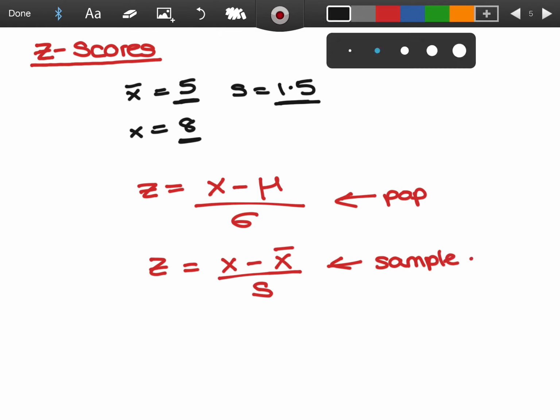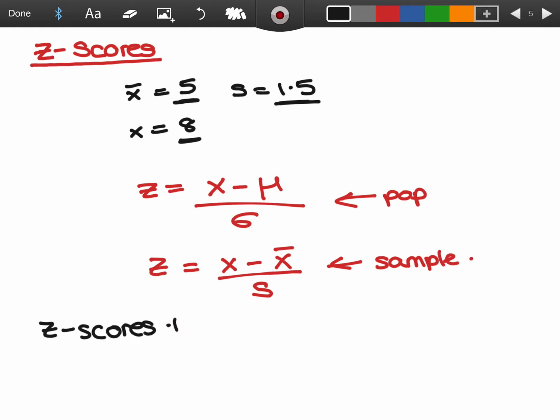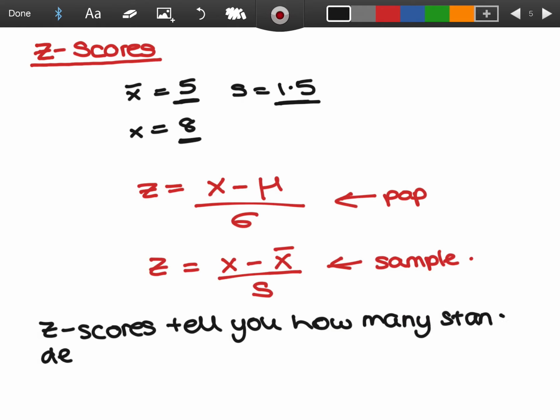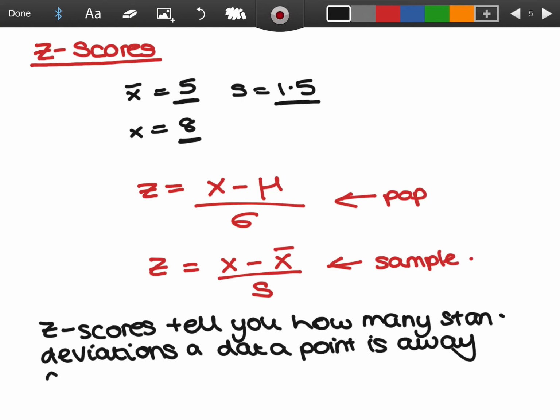Okay, so all a z-score tells you is how many standard deviations a data point is away from the mean.